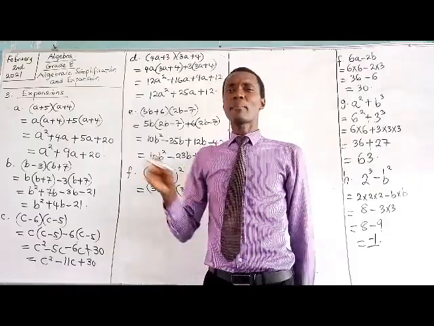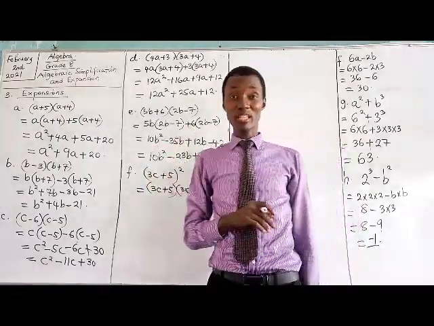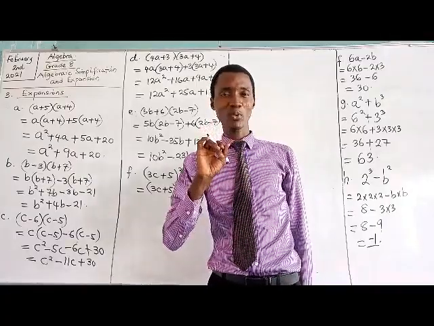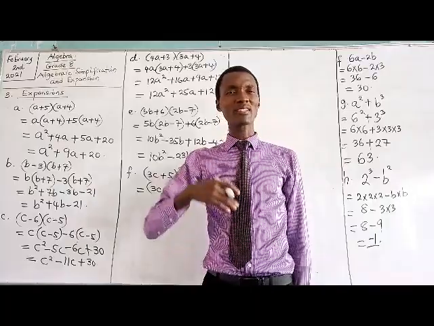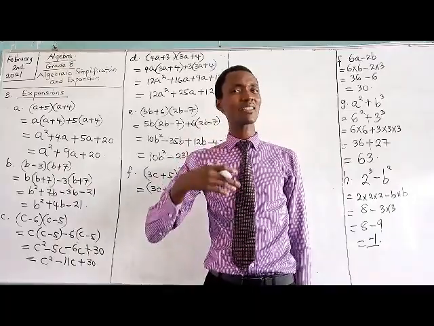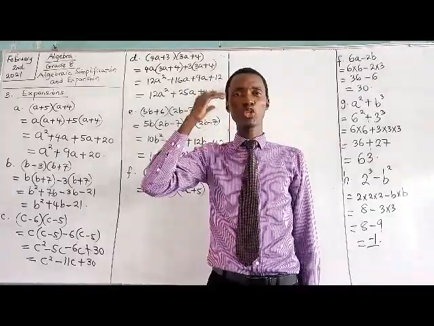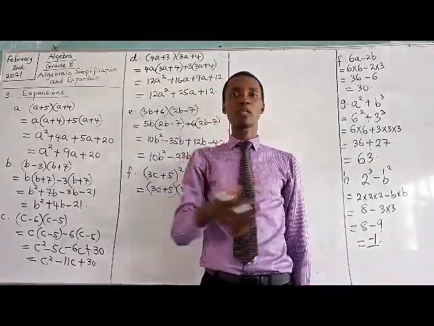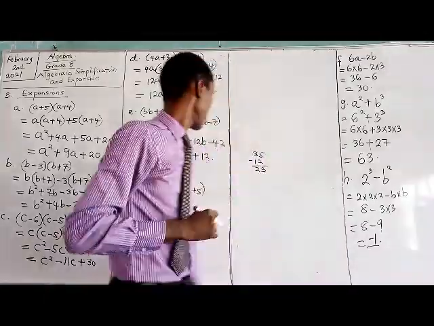And by your grade 9, I wouldn't expect you to be doing this for me. I would expect you to be able to look at the question and tell me what the answer is. It's possible. But now we are taking you through the dynamics, how these answers are coming out. And depending on how fast you can process, you'll be able to tell, okay, give me this question, I know the answer will be this. It's possible. Very, very possible.